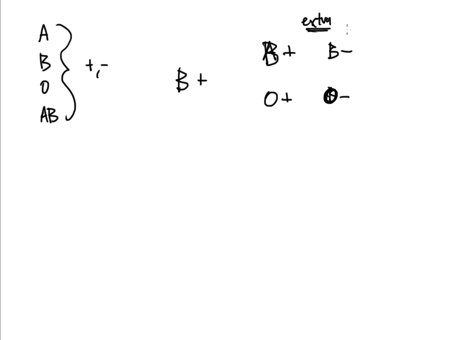This B minus does not bring anything extra to the picture. I know it's missing the RH, but your body's okay with that. The same thing with O minus. Your O blood cell has no agglutinogen on it, nothing extra, and the RH, nothing extra. So all four of these would be acceptable for a B positive.